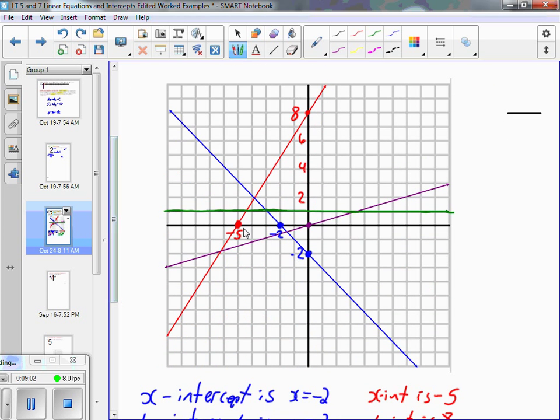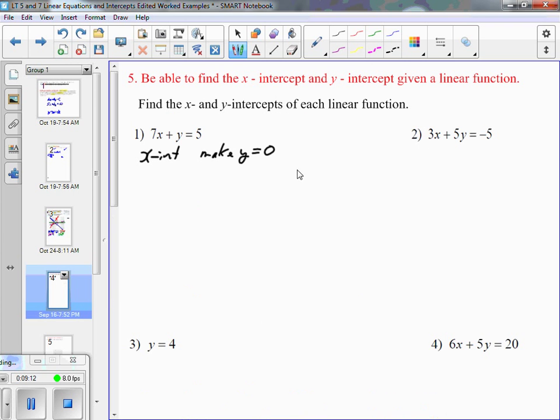Look at the red line. At the point where the line crosses the x-axis, what's that y-coordinate? It's 0, isn't it? So to find the x-intercept, make y equal 0. So that'd be 7x plus 0 equals 5. So that's 7x equals 5. x equals 5/7. That's the x-intercept.